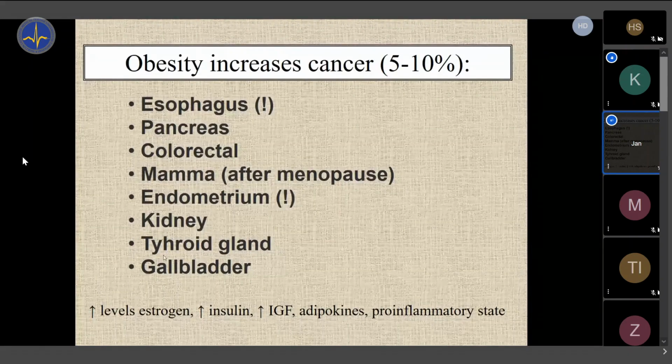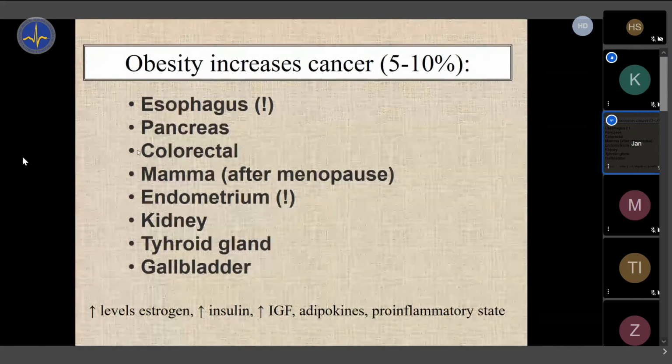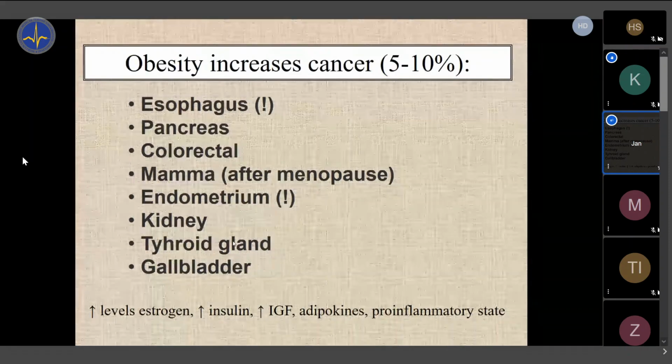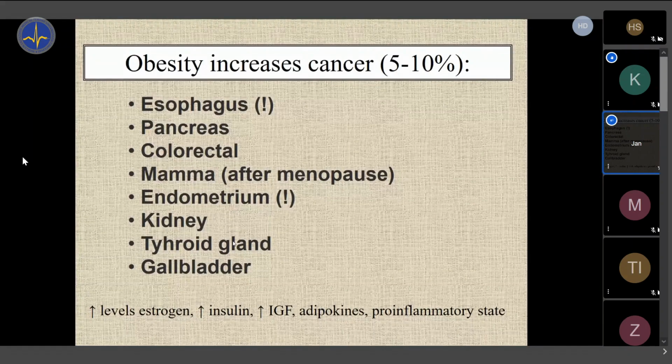So we can just remember that obesity increases the risk. A simple question: how is it possible that fat accumulation leads to cancer? Well, maybe it's the whole lifestyle, of course, that people who are more obese are not so active, and maybe the nutrition is also rich in carcinogenic compounds.